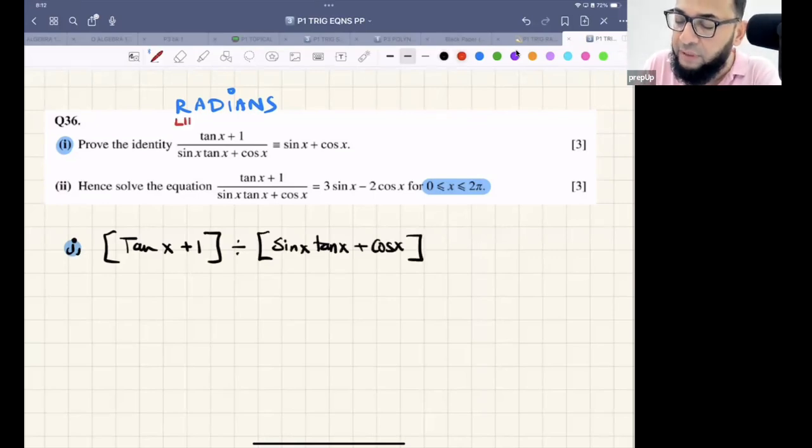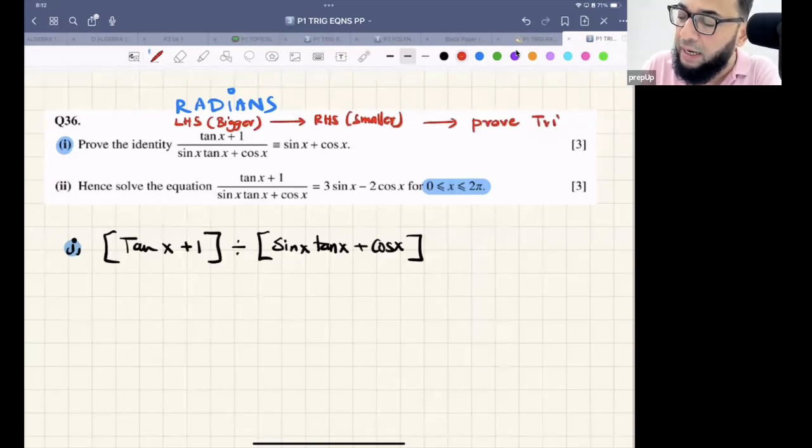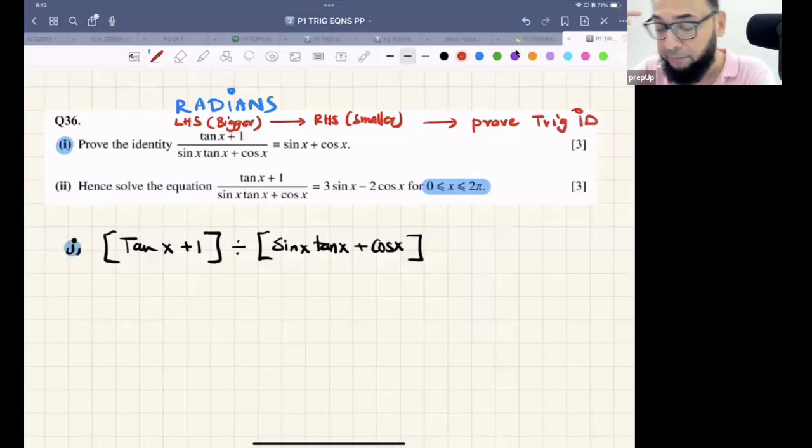So we start from the left hand side, which is bigger, and we move to the right hand side, which is smaller. And that is the strategy that we apply when we are out to prove a trig identity. And of course, simplification and all these things are there.